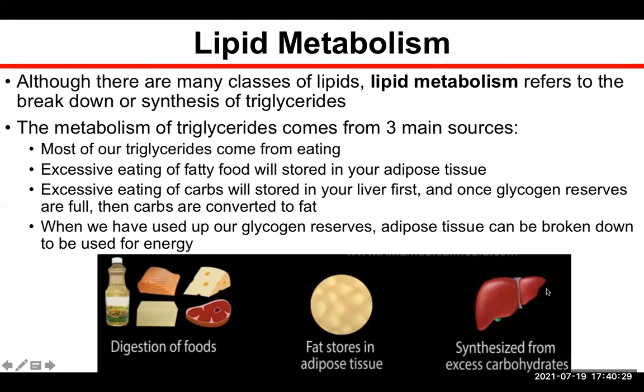But once you don't need any more glycogen, you're going to end up converting that excessive sugar to fat, and it's going to get shuttled to your adipose tissue. It's not until your body says, I need fat or I need energy, that it's going to break down some of this fat, but it's going to break down the sugar first before it starts to break down any of this fat.